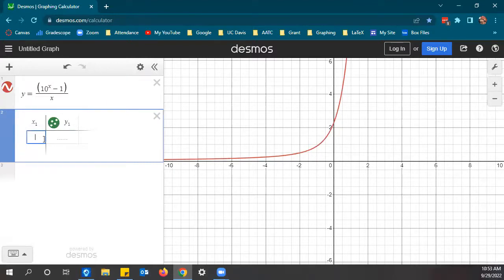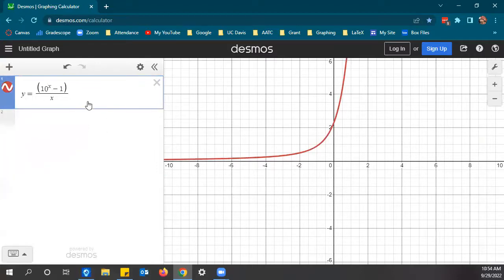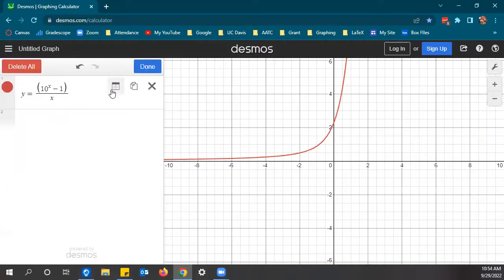So I can plug in x equal to negative 0.1. I have to call it x1. I wanted to grab a table. There's a way to do it from here. You click on the gear thing, and then you click on the table there.